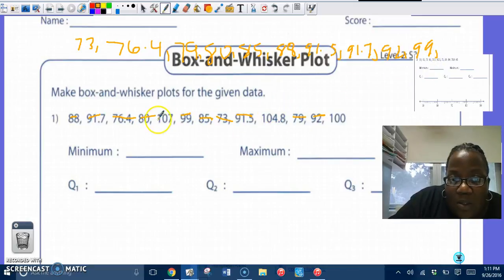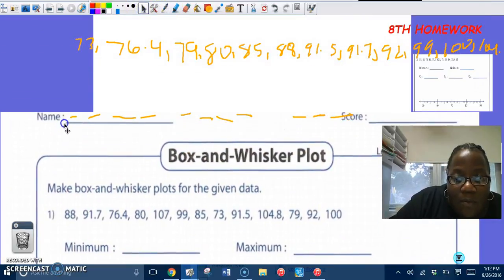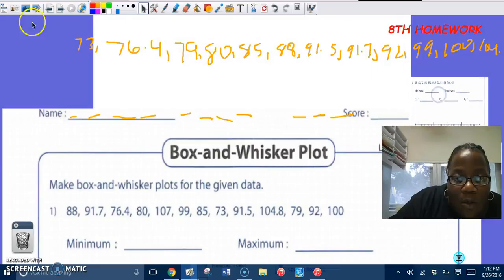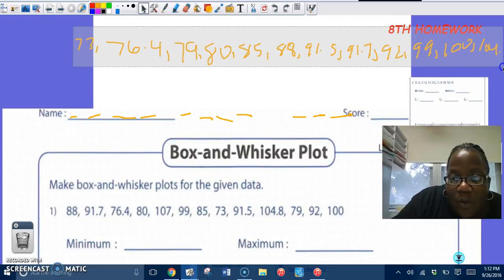Now I'm in the hundreds. I have 107, 104, and 100. Start with 100, 107, excuse me, 104.8. I'm going to have to move that. Hold on a second. Got to move my work over a little bit.